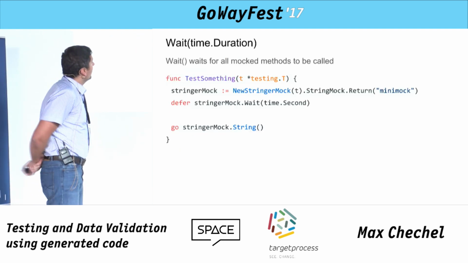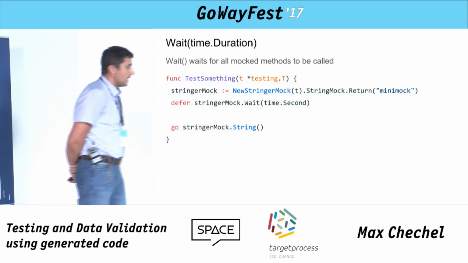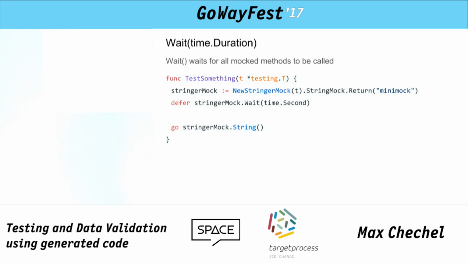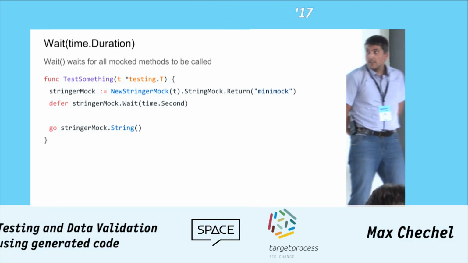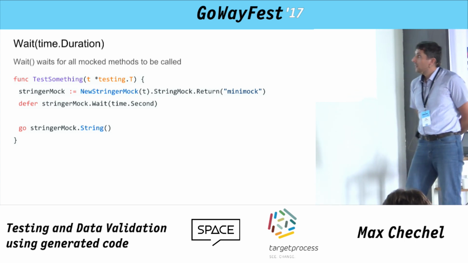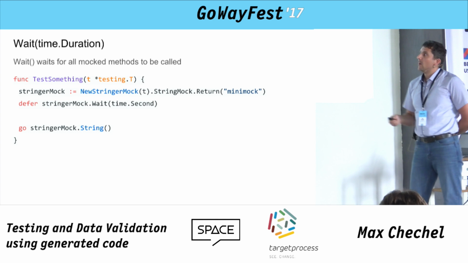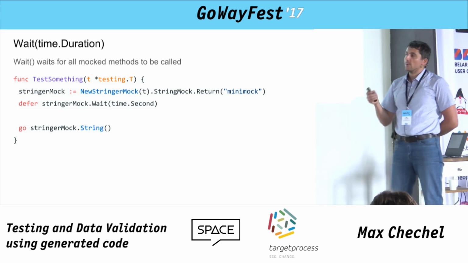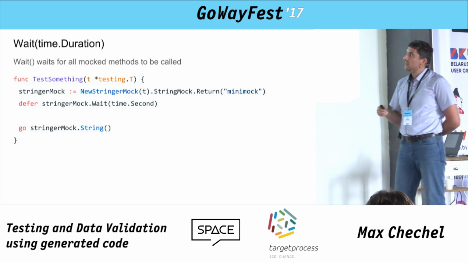And another little helper is Wait, and it helps you to test concurrent code. When you're using your dependency in a goroutine, it forces you to write kind of complicated tests. You start to use channels in your mocks and then synchronize these channels.